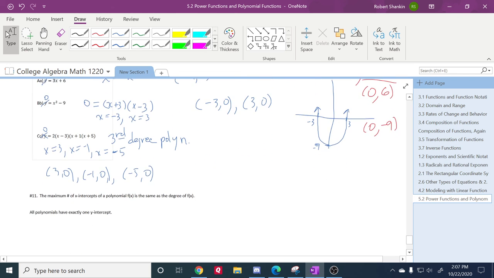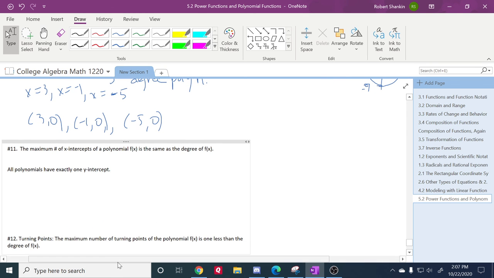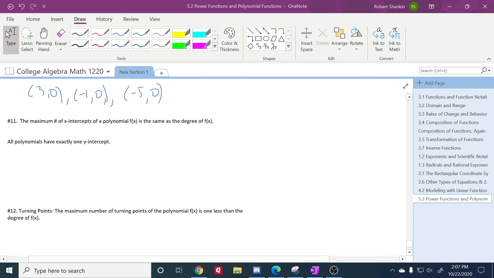All right, now there's some principles involved. The maximum number of x-intercepts of a polynomial f of x is the same as the degree of f of x. Let me show you.